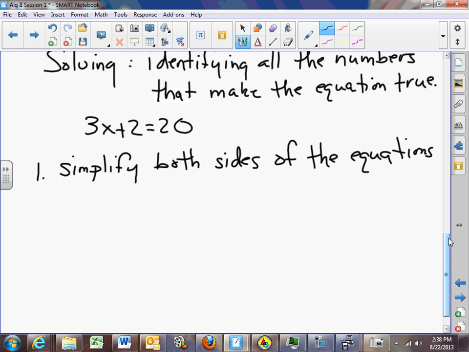Now the second thing you're going to do is consolidate the variable.